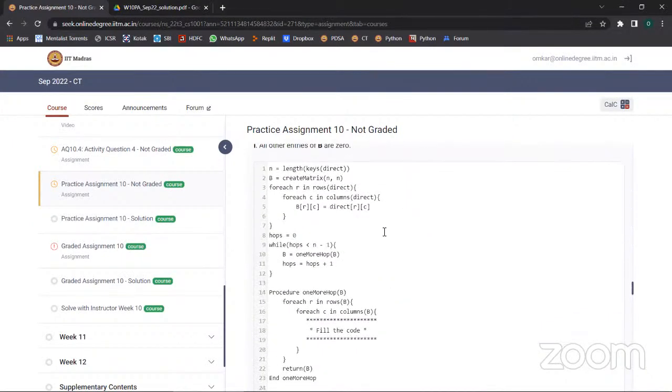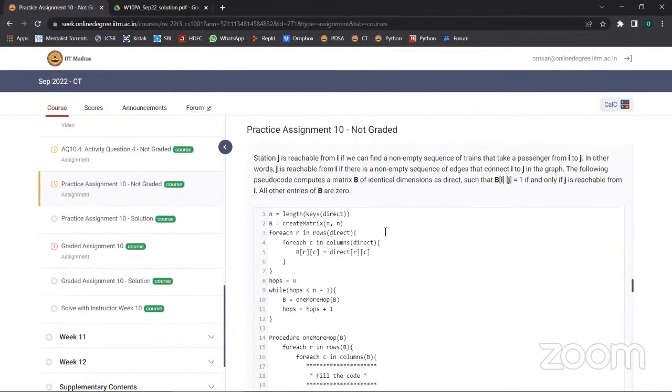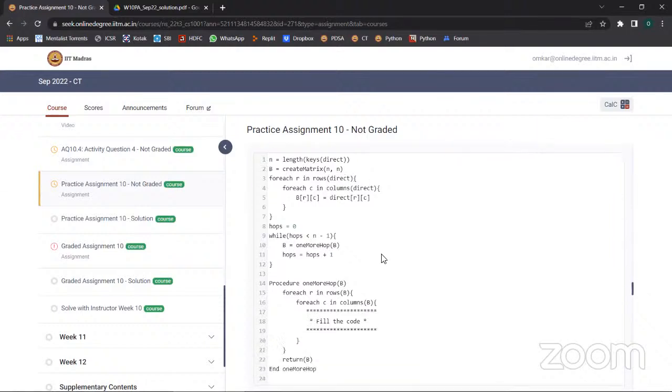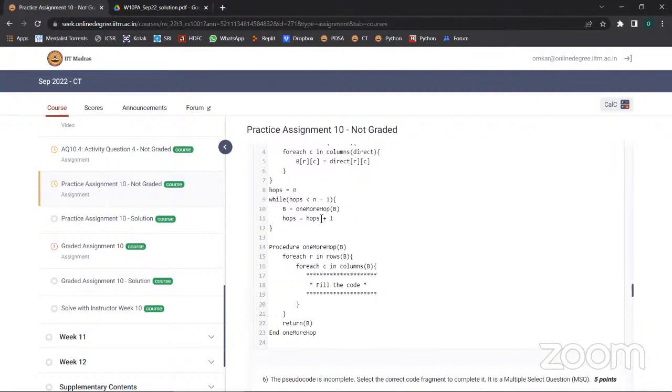Okay, fine. So this question 6 is based on this information, right? Yes, sir. That's a hops problem. Initially there may or may not be a direct connection, but after one hop matrix execution, there is a possibility to go from I to J by visiting some node in between. Not necessarily one node.